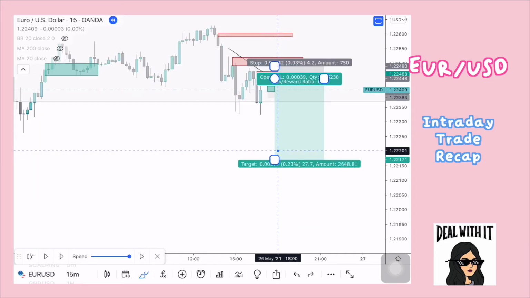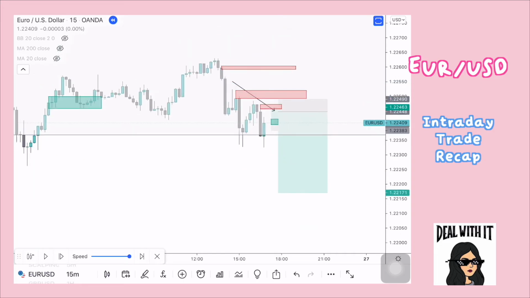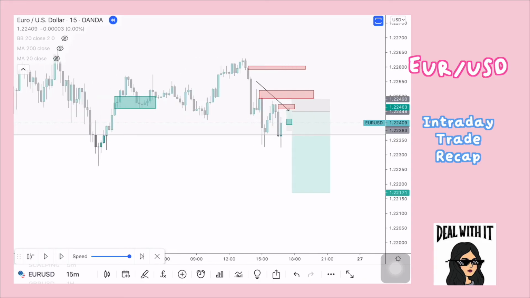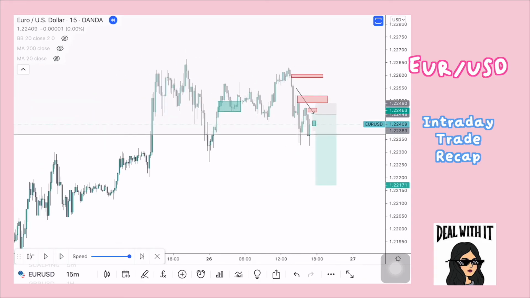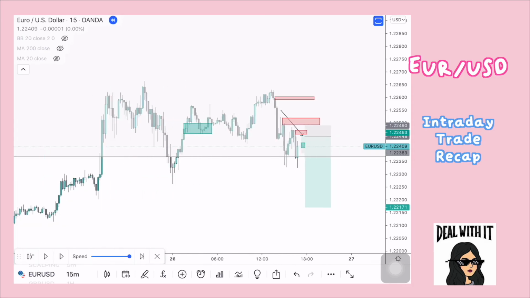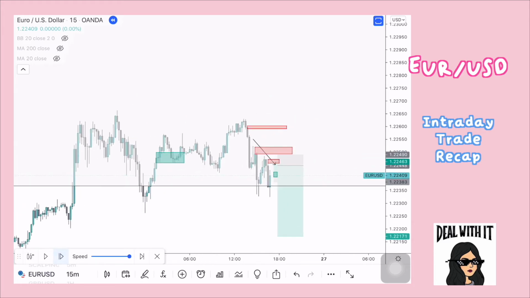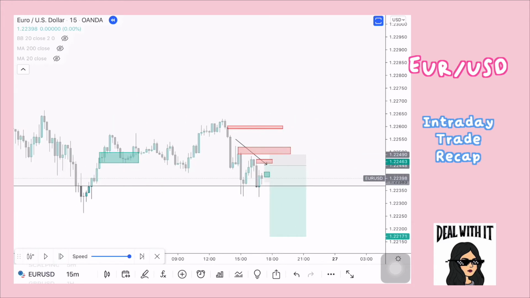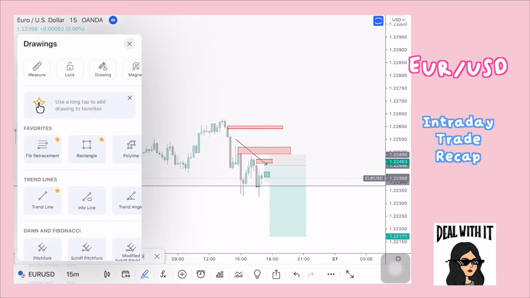At the same time, I did notice that we formed a little bit of a retail double bottom on the 15-minute, and I considered that price may want to pull back a little bit more into some of these red zones. So at a point in time, I believe we were just around here. We had just formed this double bottom over here.